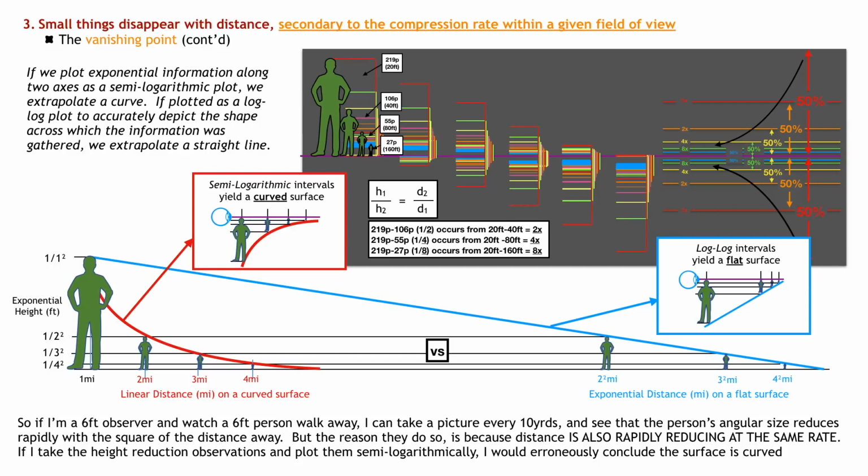That's represented here with our green man, who is exponential in one axis and linear in the other. However, when we accurately depict what that actually looks like, because both distance and height reduce within perspective exponentially across a log-log interval, we extrapolate a flat surface.